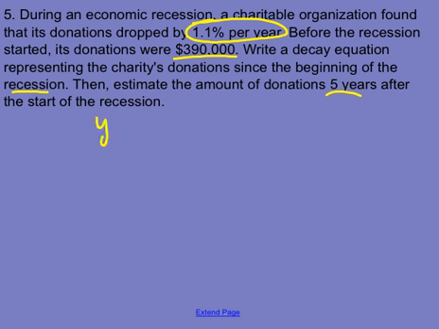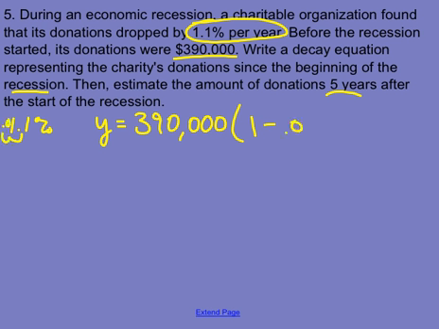So our equation, y equals, we started with 390,000, each year 1 minus 1.1%, so 0.011t. You can put t or x, I'm not worried about it.